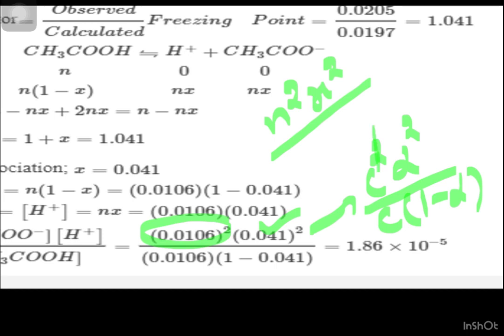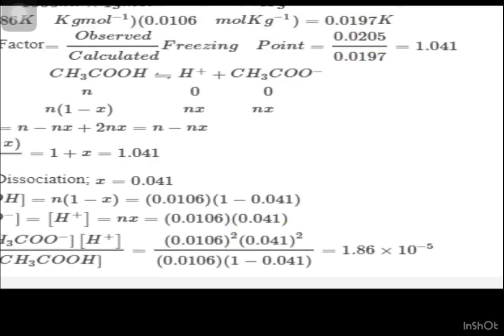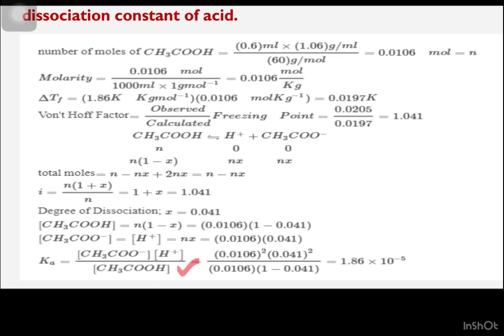So this square cancels. C alpha square by 1 minus alpha. Same way here, n 1 minus x, so this cancels. You get nx square divided by 1 minus x. Same thing. If this is confusing you, don't worry. Simply use the concentration of the products divided by the concentration of reactant. Put the values here. Same answer you are going to get.